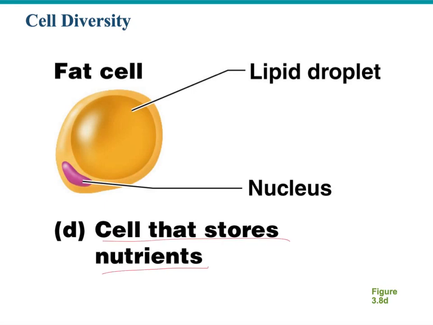You also have cells that store nutrients, like this one here. It's a fat cell or an adipocyte. You just made that word up. No, I did not. It is called an adipocyte. A-D-I-P-O-C-Y-T-E. Does that sound right?